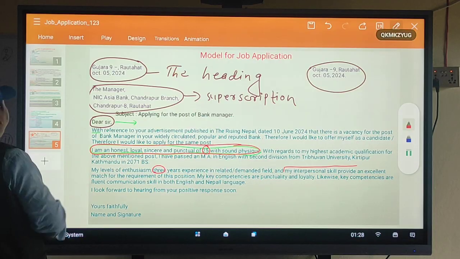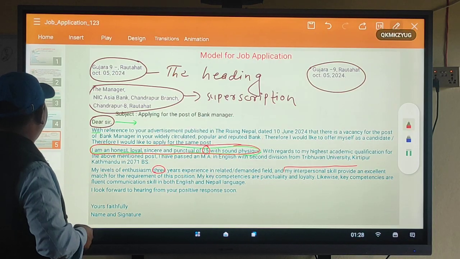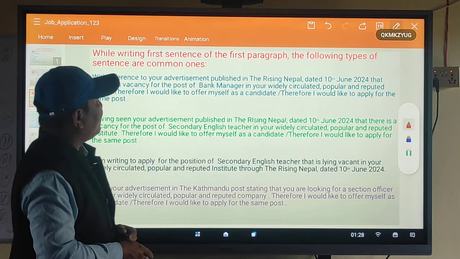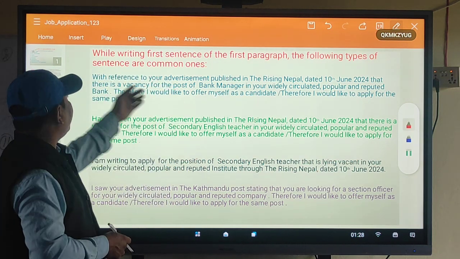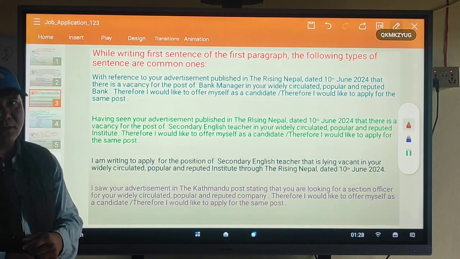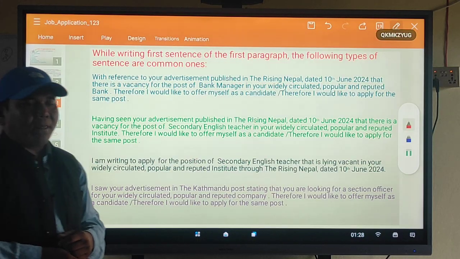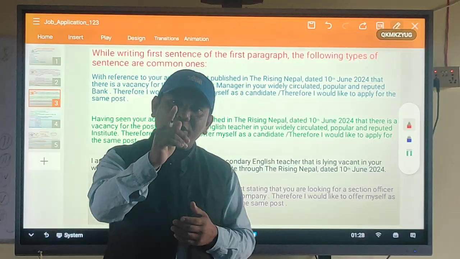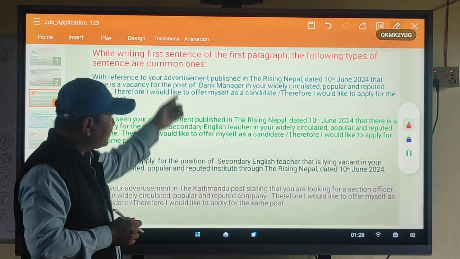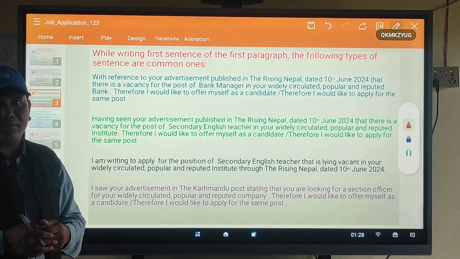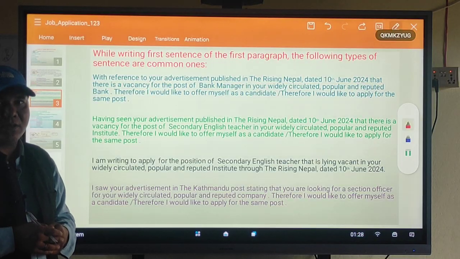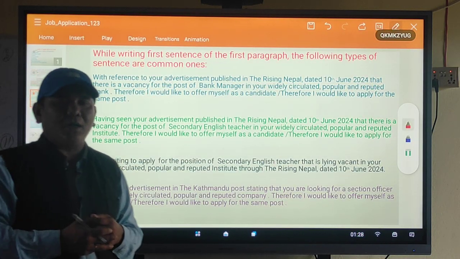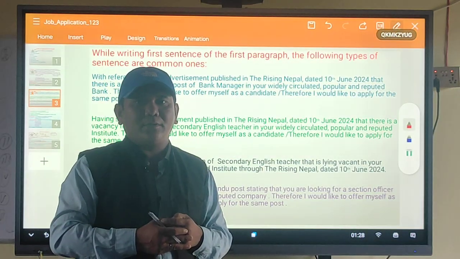Now let me explain about, while writing the first sentence of the first paragraph of the body part, the following types of sentence are common ones. Okay, when you write the body part, you must write one of these paragraphs at the beginning of the body.